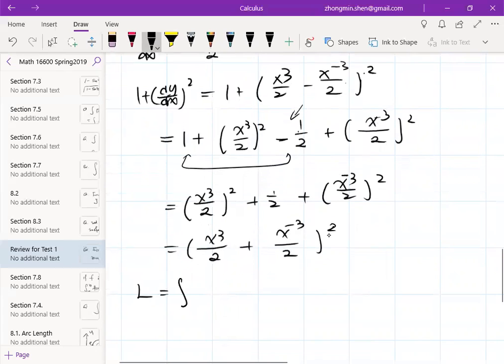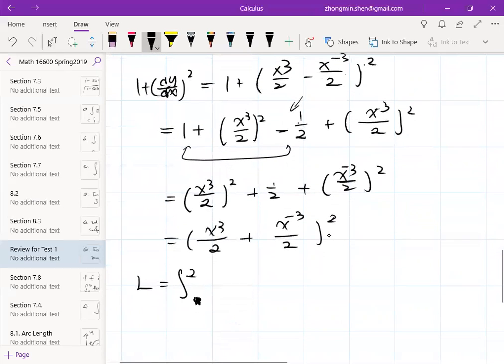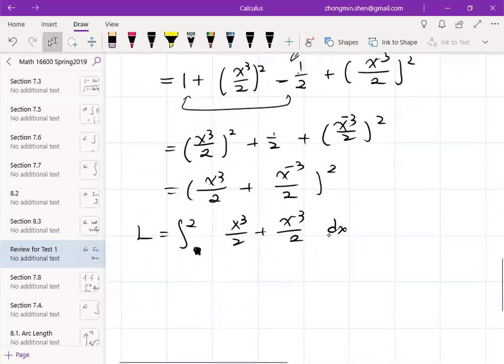So the length is going to be the integral from 1 to 2 of the square root of this, so just half of it, and the dx. Square root of this, you just get rid of the square, then you get this part. Then you find the antiderivative of the function.